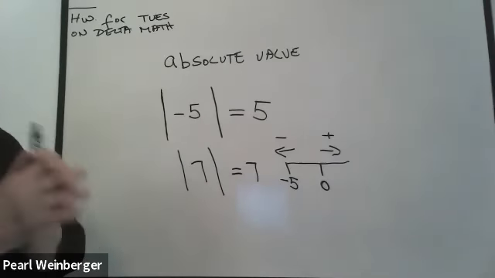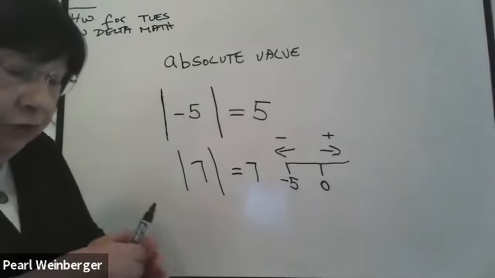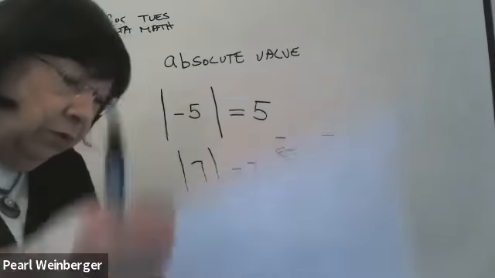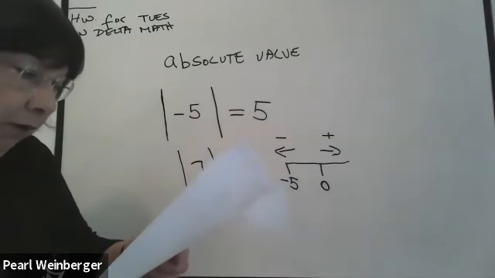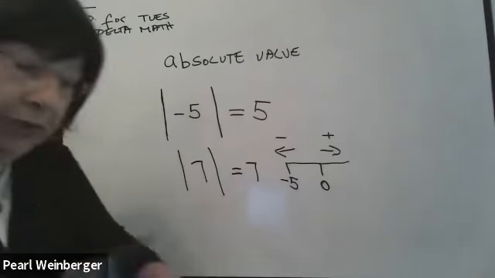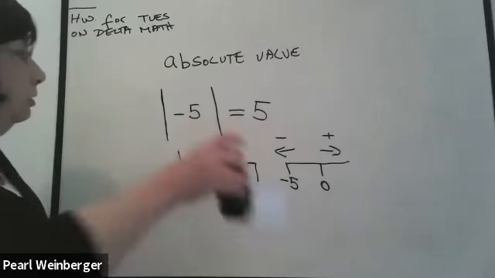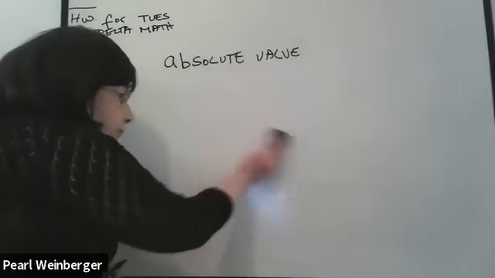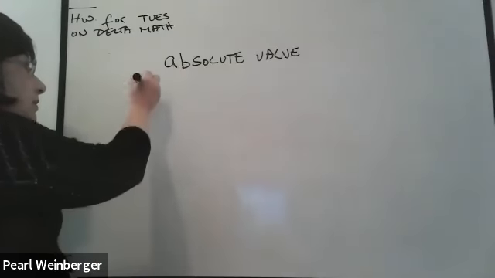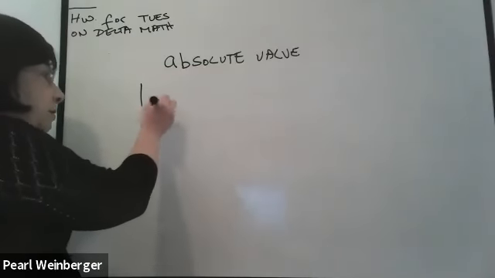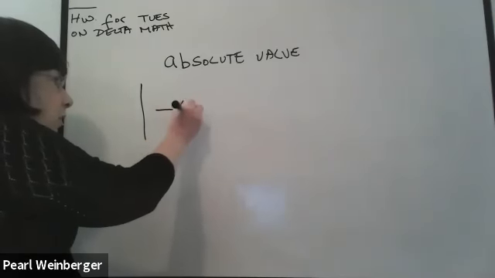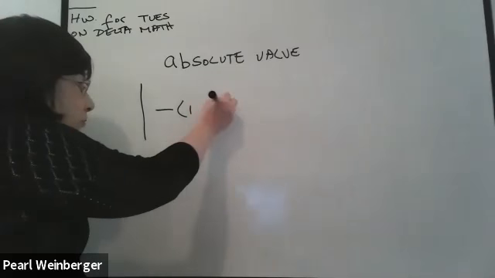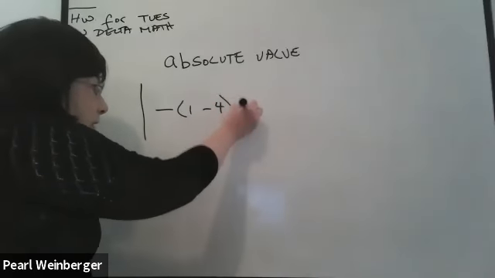Even when you have, let's see if I can find a problem, even if you have a few numbers inside, let's say I said, find the absolute value of -1, negative parentheses, 1 minus 4 plus 2.